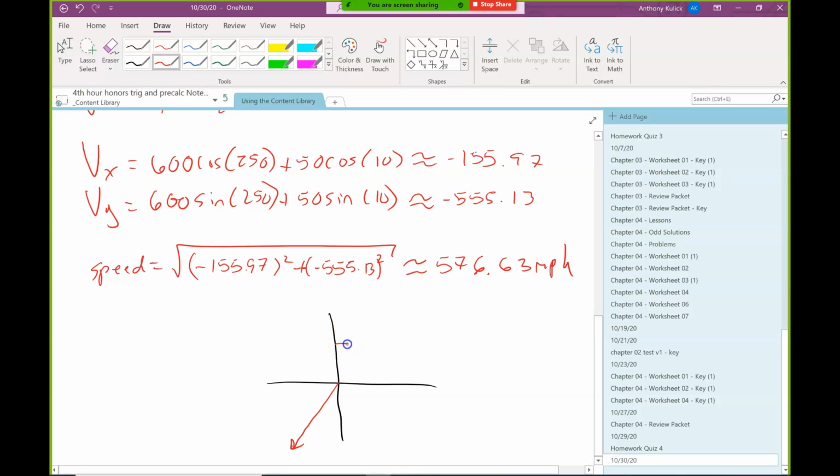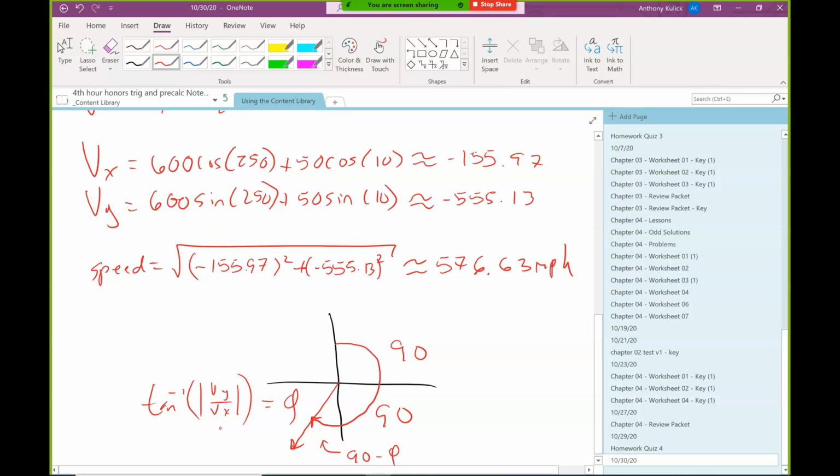And my bearing then is going to be this angle. So that's 90, 90, and then this spot is going to be the complement of that phi that we've been using before. Right? This is phi, which in this case is going to be tangent inverse of the absolute value of Vy over Vx.